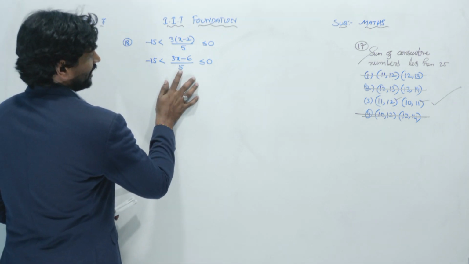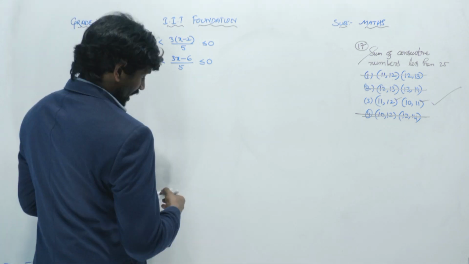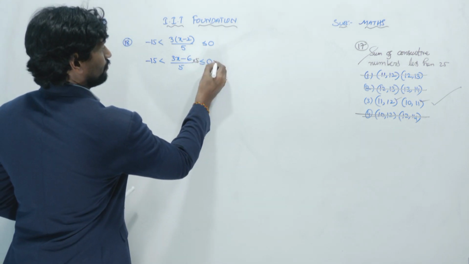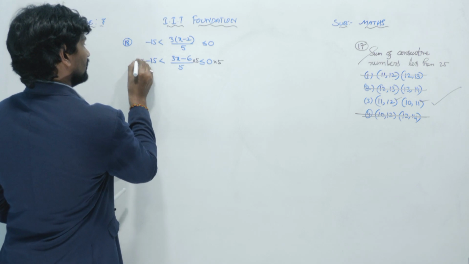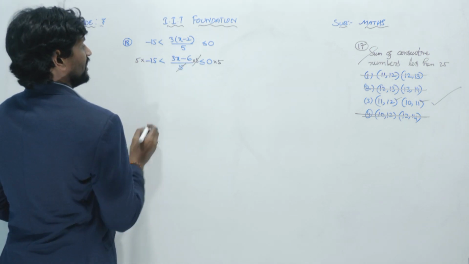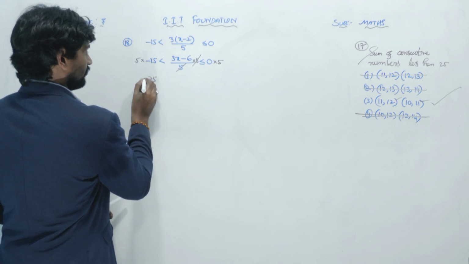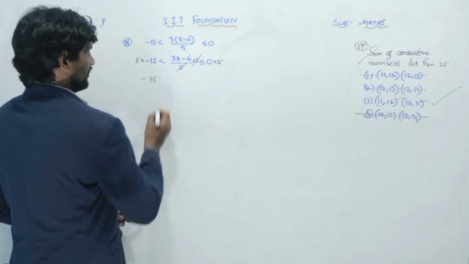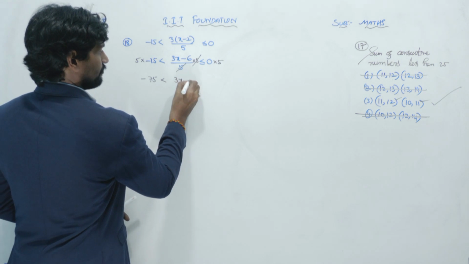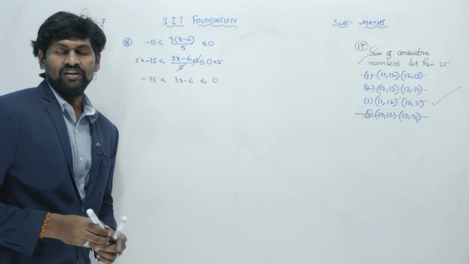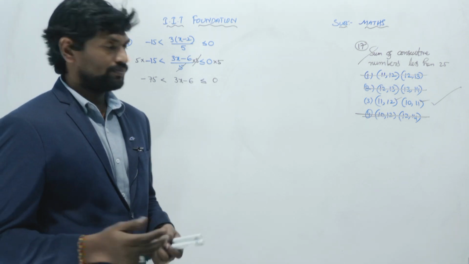Here I have divided by 5, and I wanted to remove it, so I multiply by 5 on each side. So the 5 cancels. 5 times 15 is 75, so minus 75 less than 3x minus 6, less than 0 into 5, which is 0. 0 into anything becomes 0.